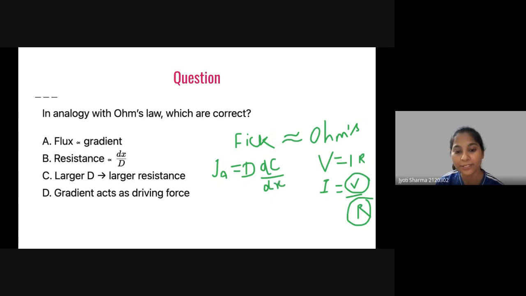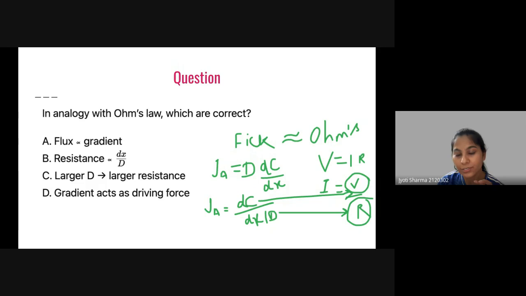So we can also write JA is equal to dc divided by dx upon d, right? This is your concentration difference, just like the potential difference, and your resistance is equal to dx upon d.